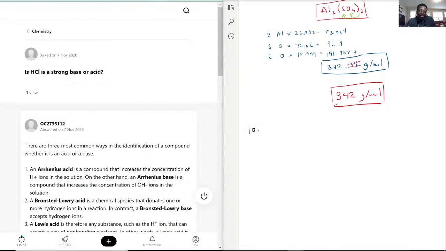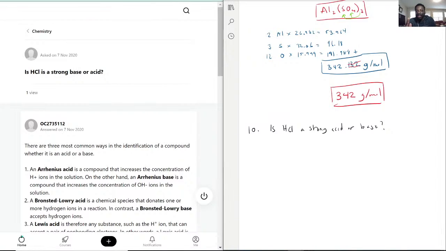So now we have this question here. Is HCl a strong acid or base? So to find out this question, actually, personally for me, there's literally two options here.